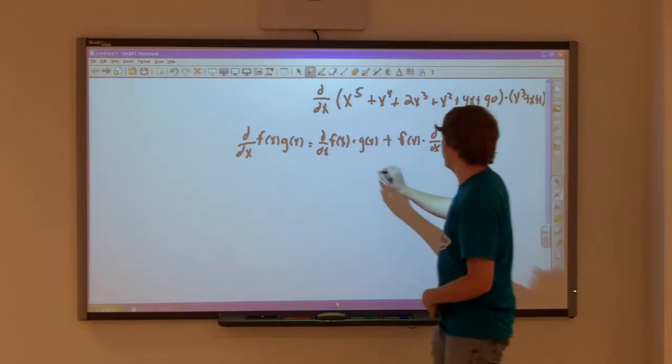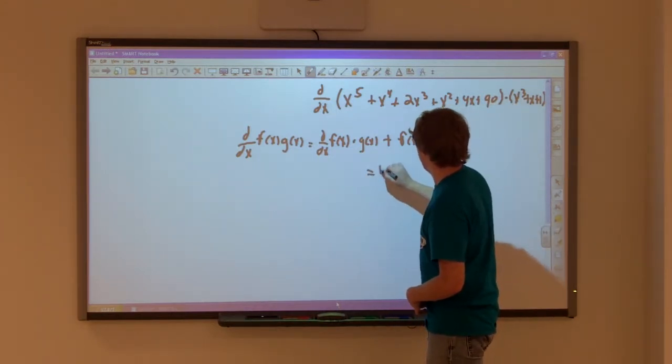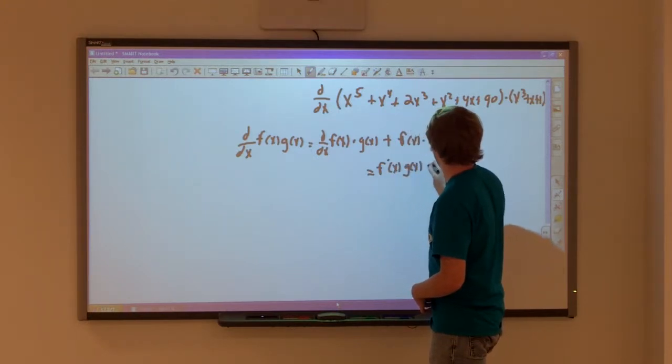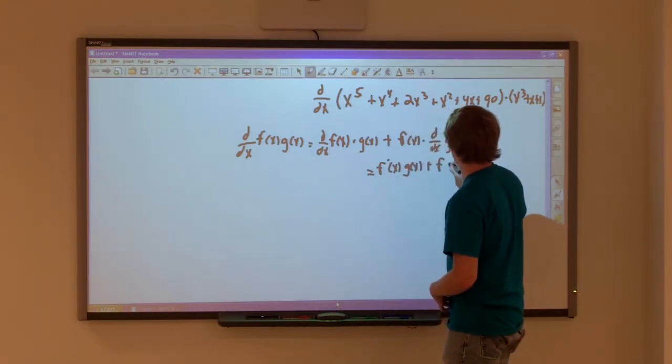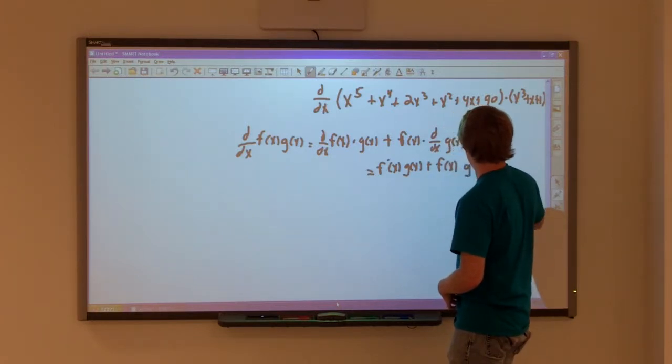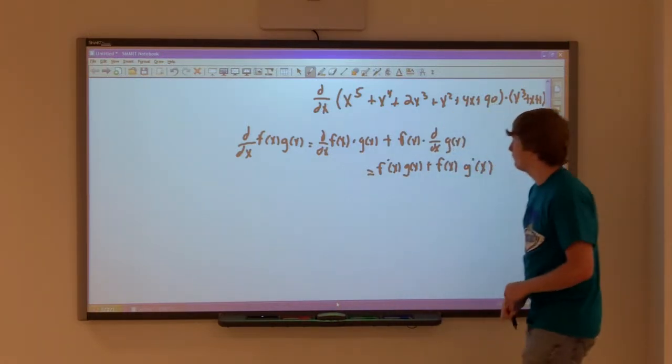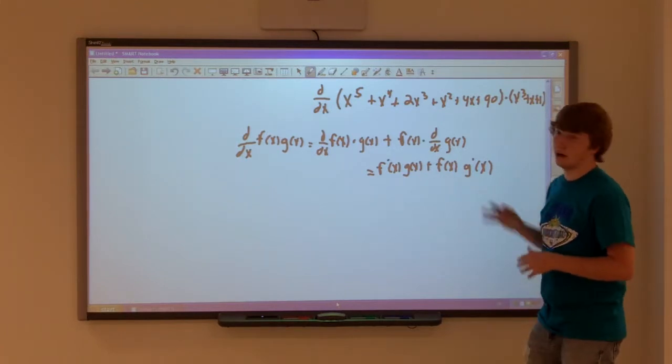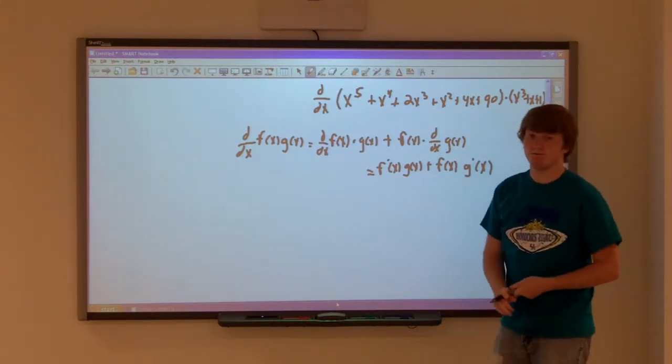Or another way you can write this is f prime of x g of x plus f of x g prime of x. So that's your product rule for taking derivatives.